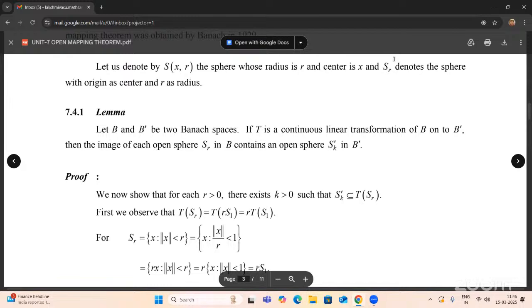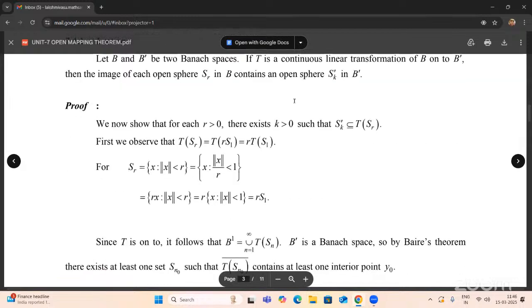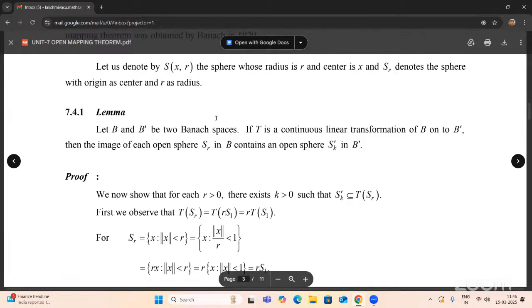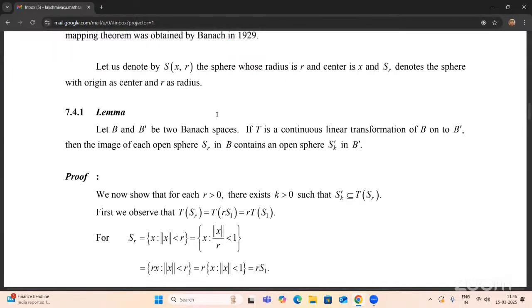Now, according to that condition, you must explain the given lemma, and first briefly explain the open mapping theorem.